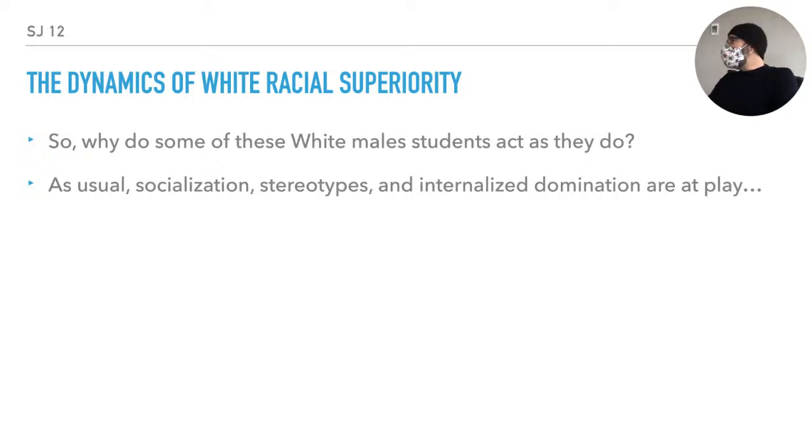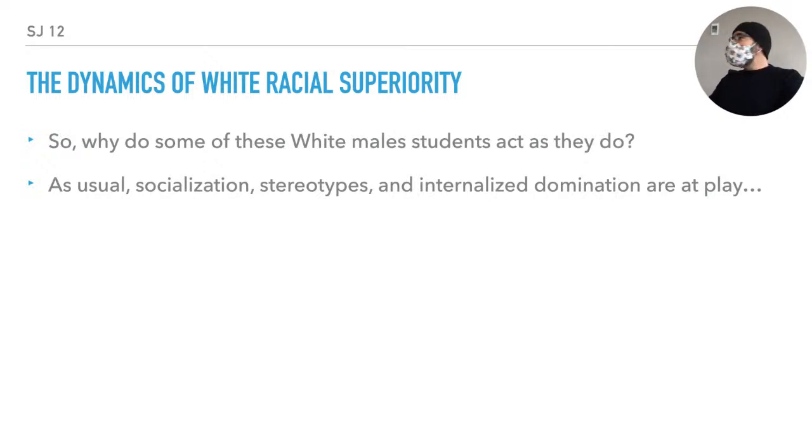These professors found that white male students were challenging their authority, their teaching competency, or their subject expertise. In some cases, a few students exhibited threatening behavior, which is 100% not cool.